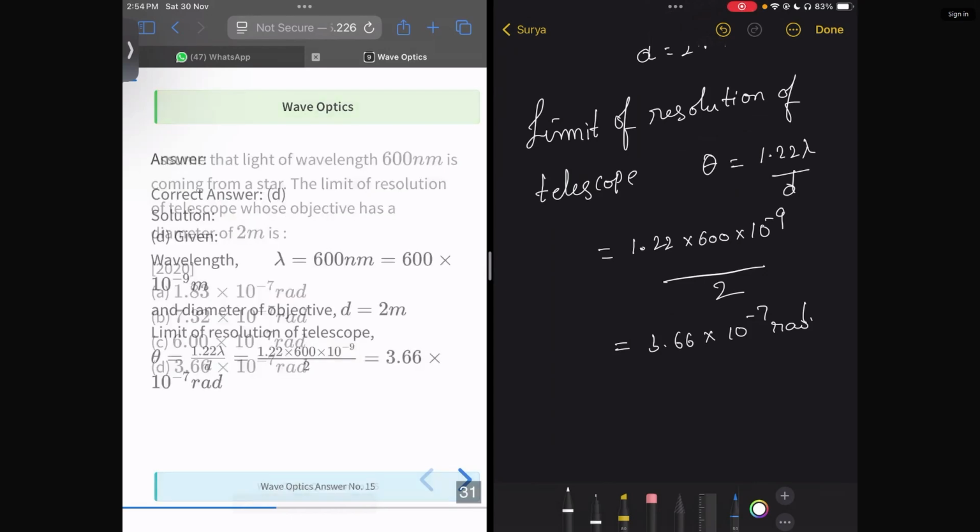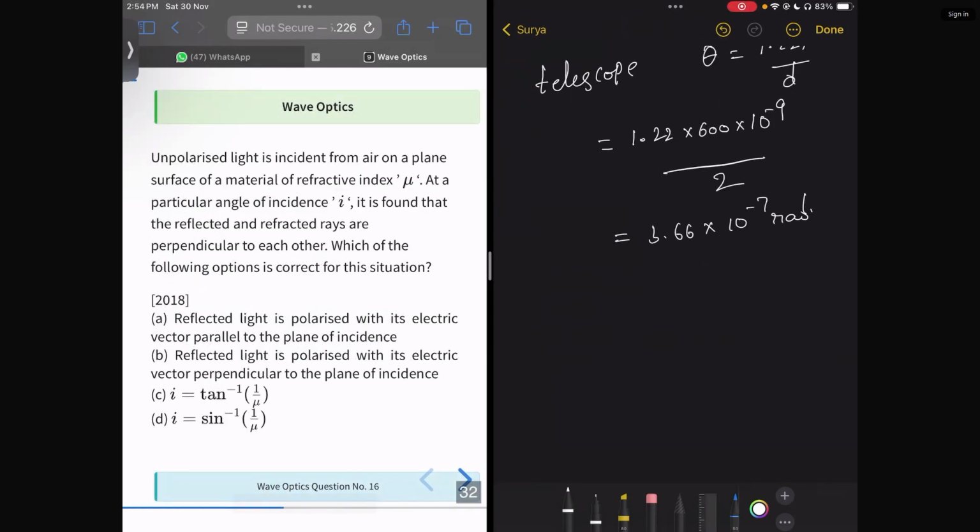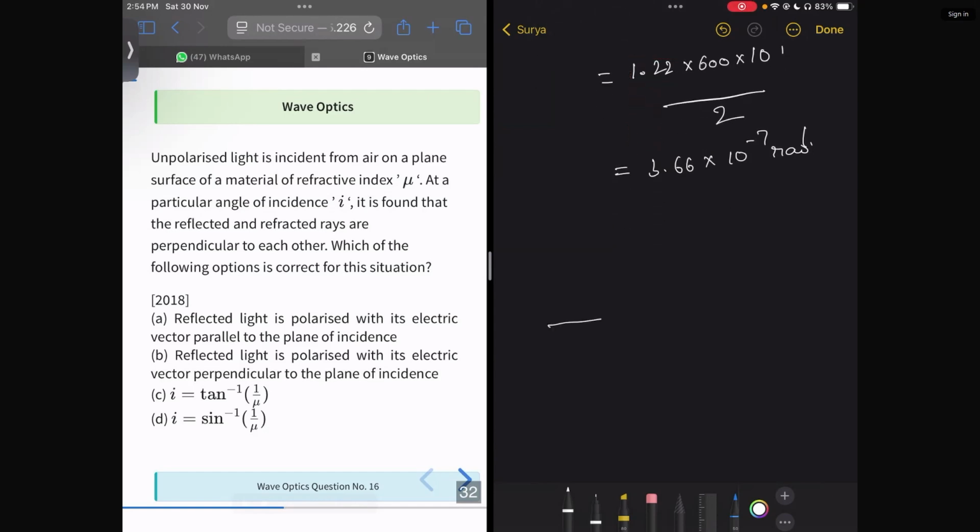So next question. An unpolarized light is incident from air on the plane surface of a material of refractive index mu. At what particular angle of incidence I are the reflected and refracted rays found to be perpendicular to each other? There is an incident ray, a refracted ray and a reflected ray.